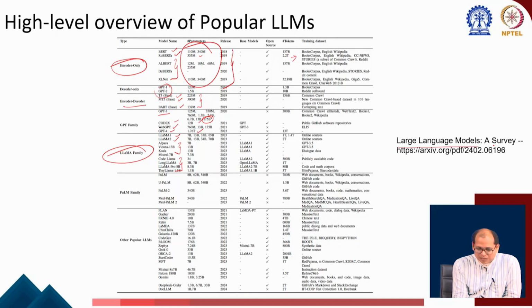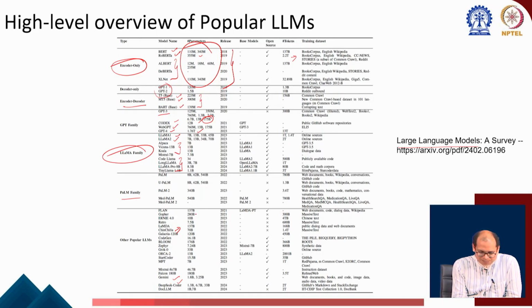Then you have the PaLM family, and there are other popular LLMs where you can see Chinchilla, which we talked about. There are Gemini, DeepSeek, and so on. You can see many of these are quite large.